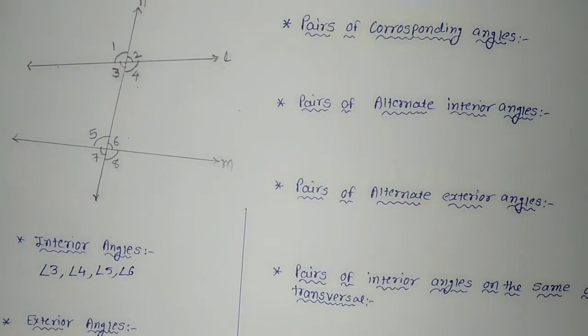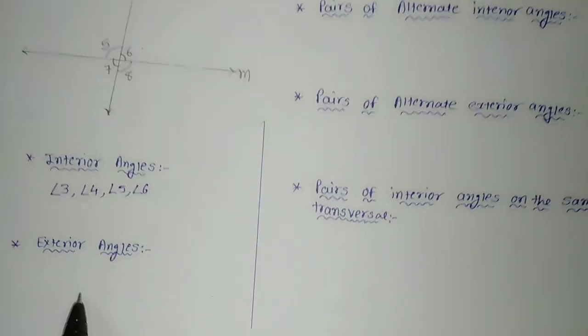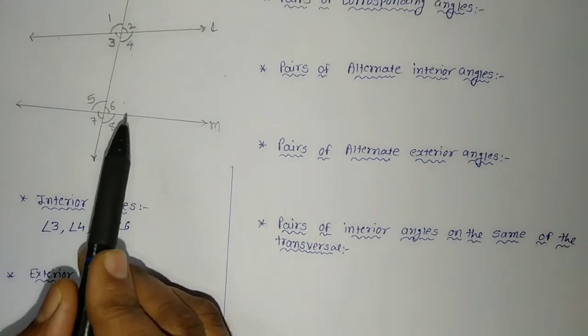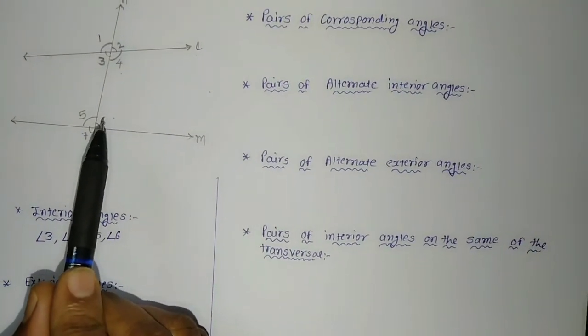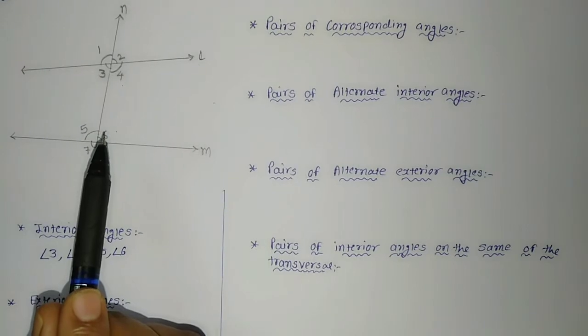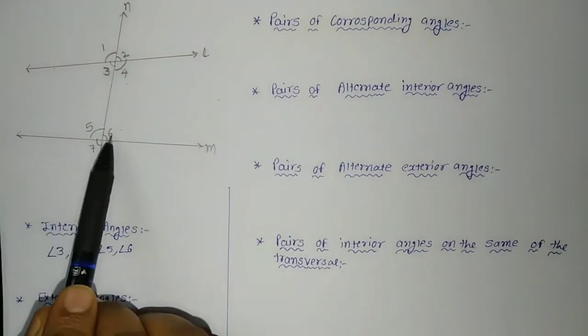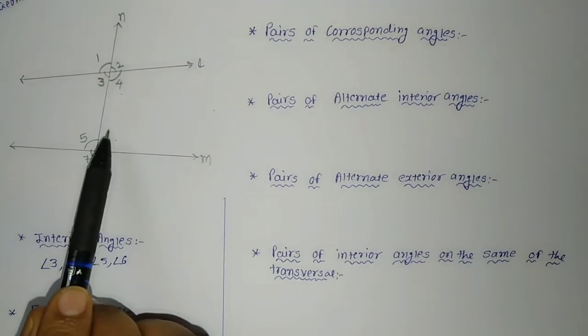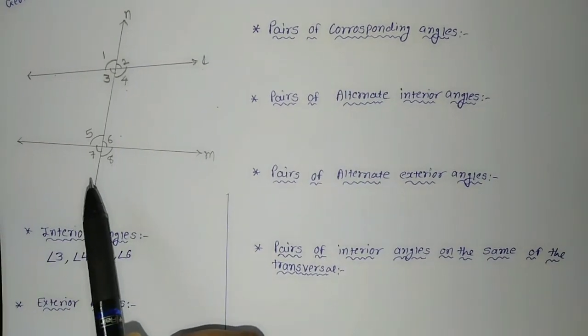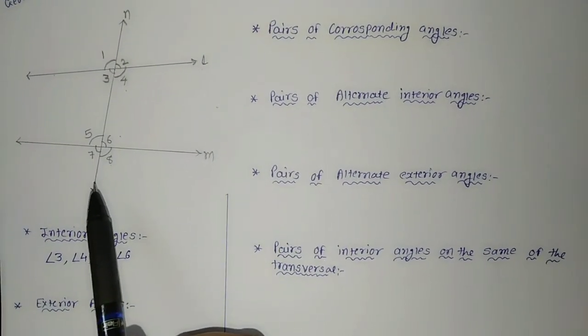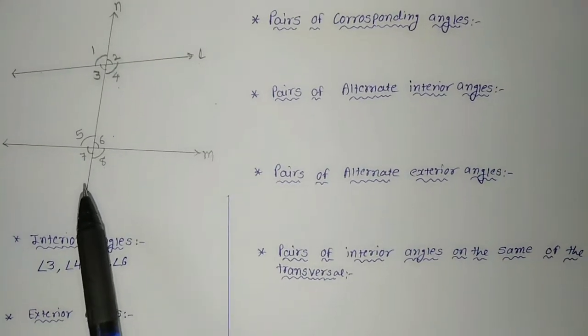Now, what is an exterior angle? What is the meaning of exterior? You can see the figure and identify which angles are in the exterior of the lines. These are the two lines, and the angles formed inside are interior. Whatever remains outside those lines are considered exterior angles. So, can you identify which are the exterior angles?